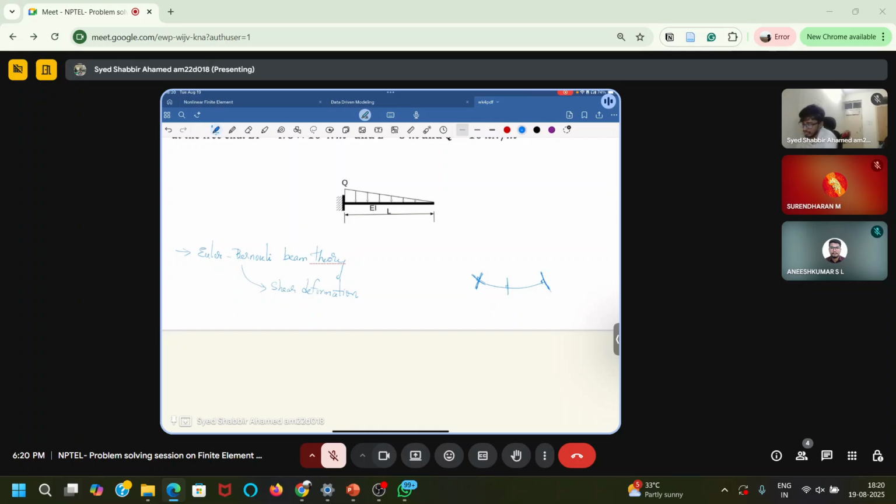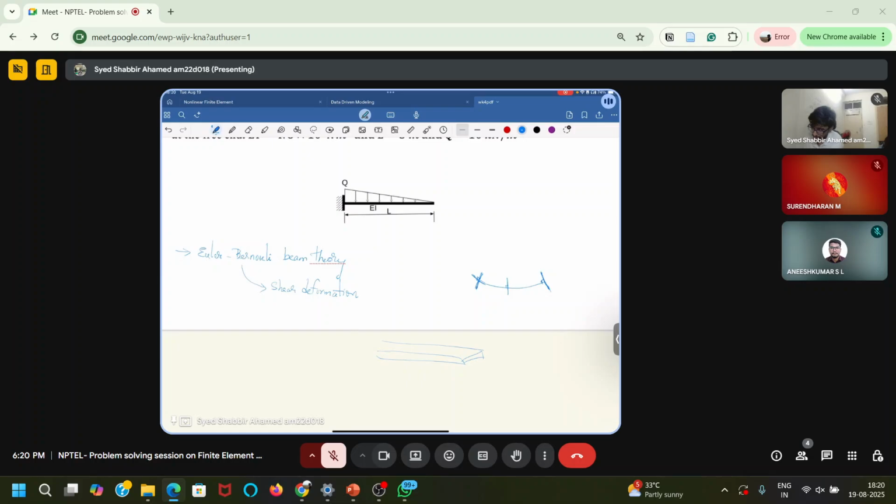So Euler-Bernoulli beam theory is usually taken when the thickness of the beam is very small. So if your beam looks like this, then you can probably take Euler-Bernoulli beam theory.